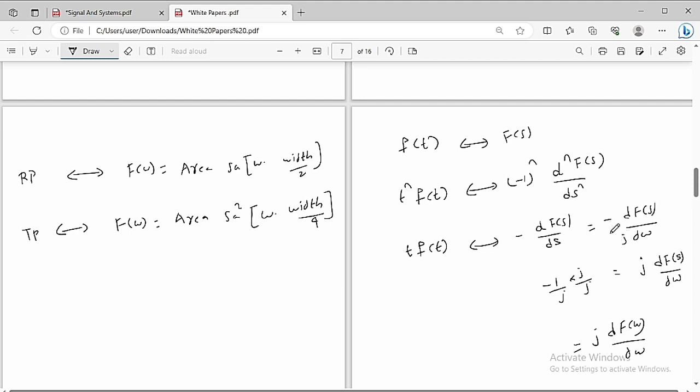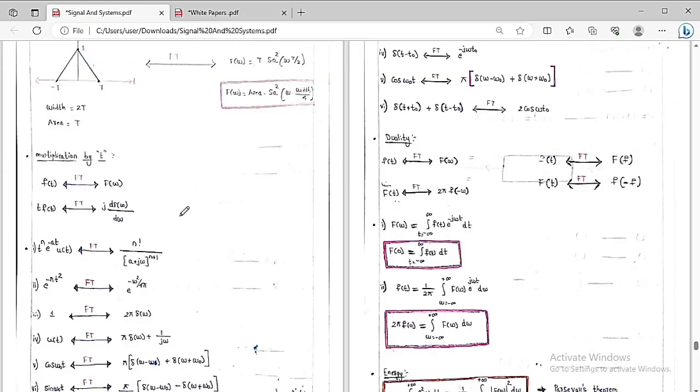So minus 1 by j you are going to get. Multiply by j and divide by j. j into j is j squared. Minus into minus is plus, so plus j we are going to get. So plus j into dF of omega by d omega. In place of s I write omega. So you are going to get this one. So t into f of t has the Fourier transform j into dF of omega by d omega. This is what we were looking for.